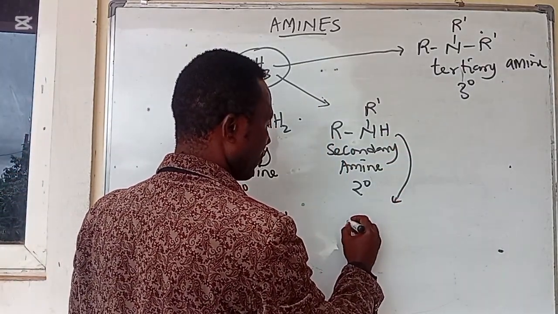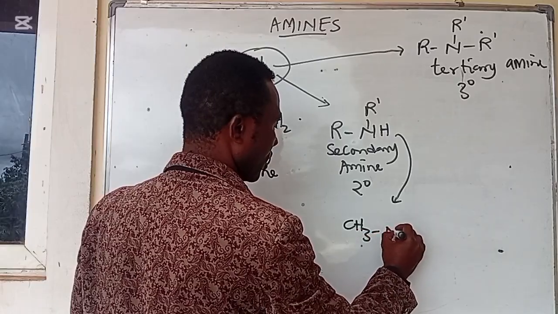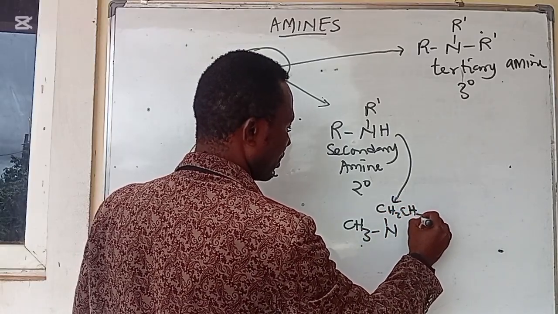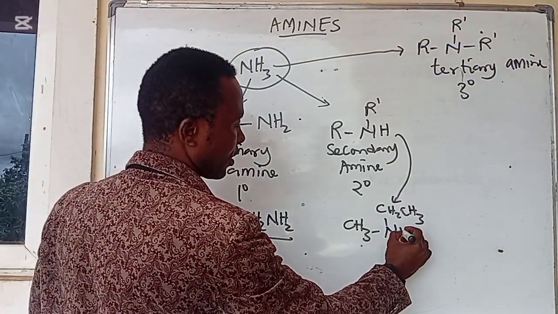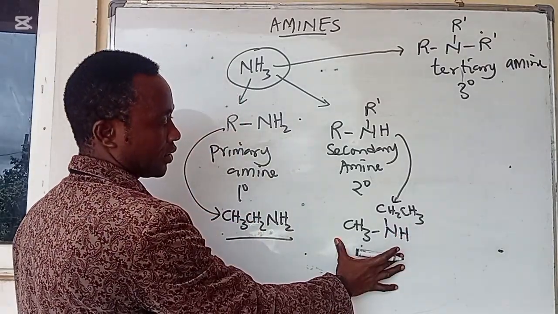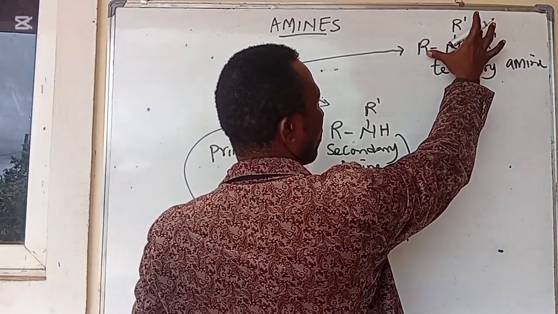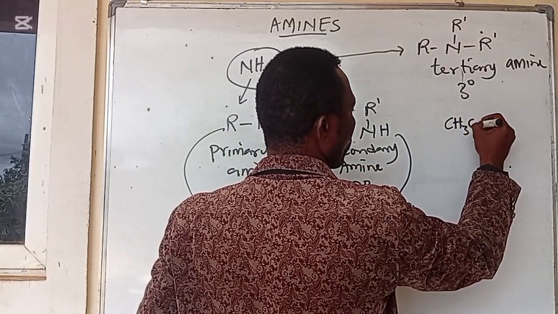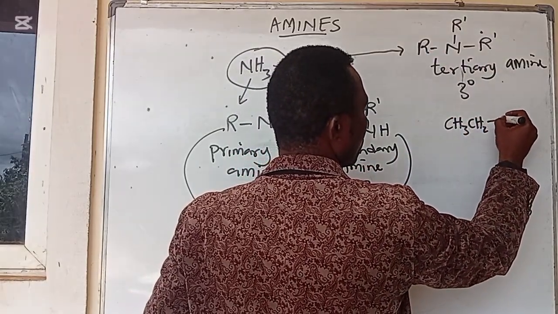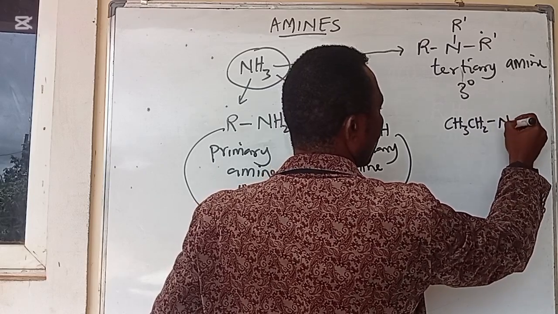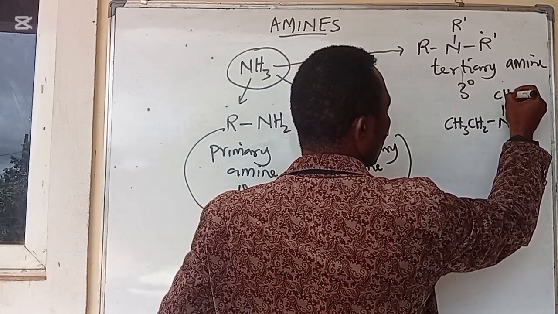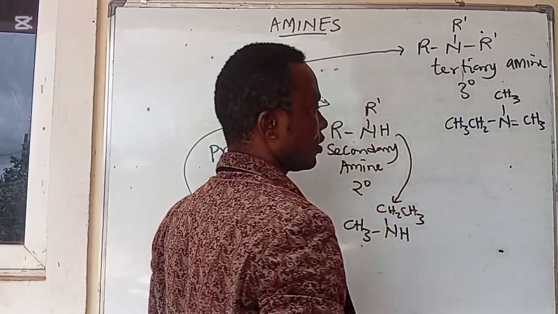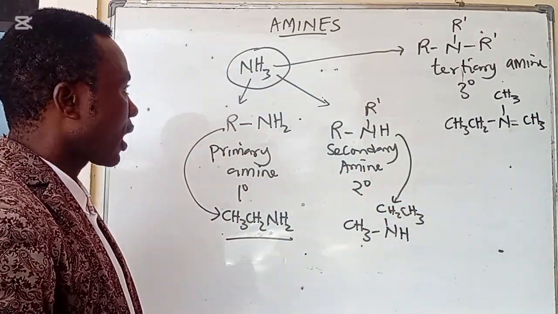So let's say we have CH3, and then CH2CH3, then you have a H. This is a secondary amine. But when all are alkyl groups, CH3CH2, then you have a N, you have a CH3, maybe here CH3. So this is a tertiary amine.